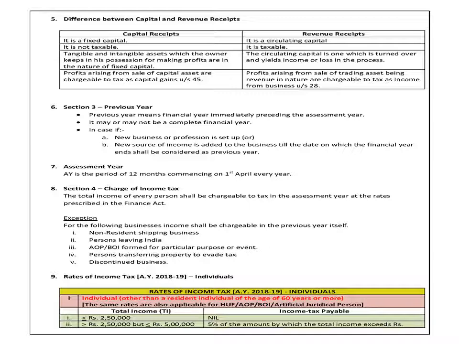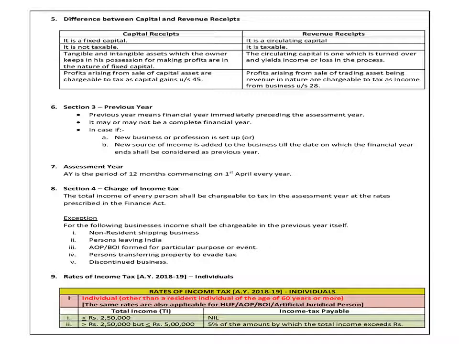That is individual other than a resident individual of age 60 years or more, that is, for individuals lesser than 60 years. If the total income is less than or equal to 2,50,000, income tax payable is nil.